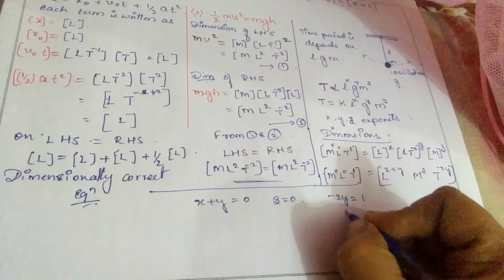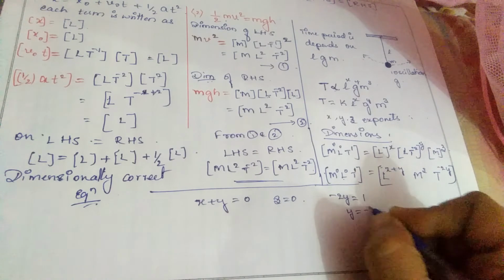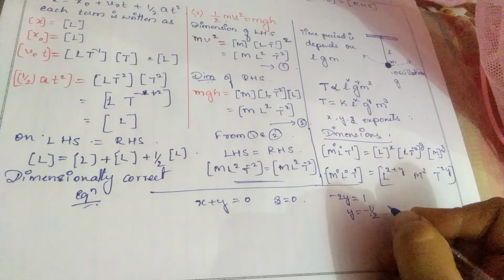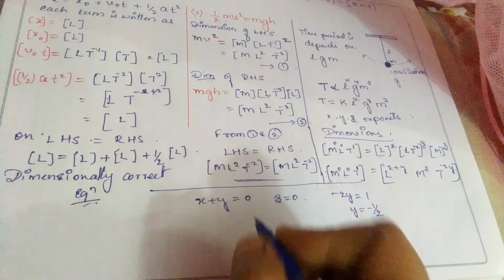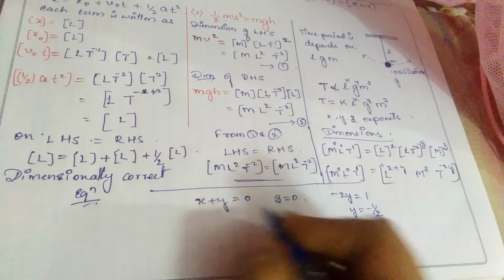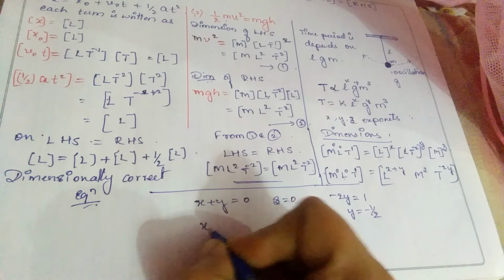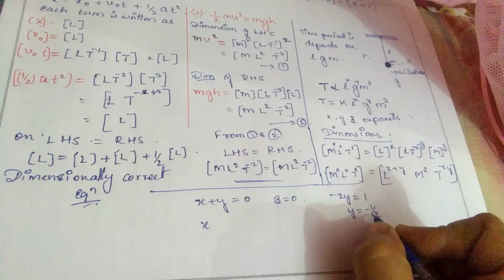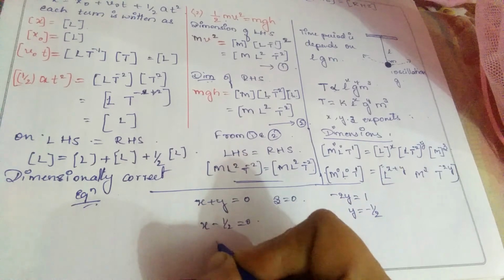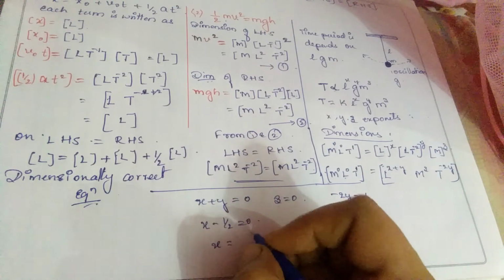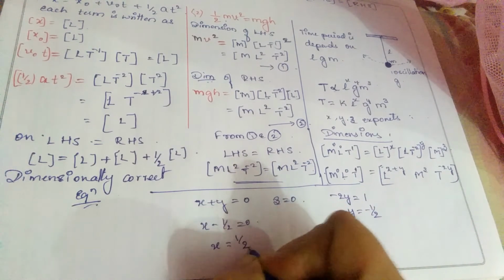So similarly you get y equals minus 1 by 2, and z is 0. In this case, x plus y equals 0, so you substitute the value of y. Therefore x equals 1 by 2.